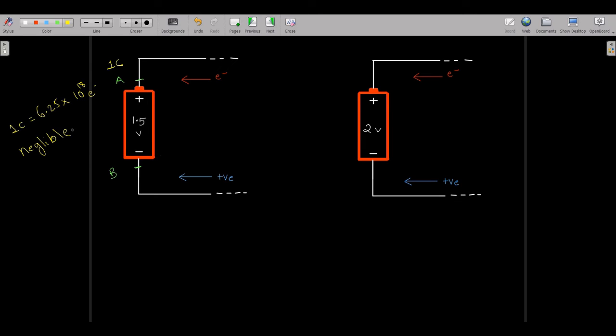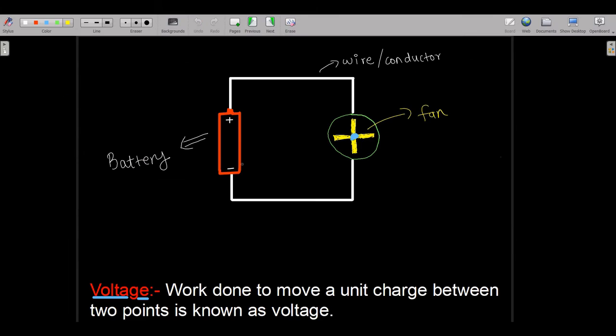Why? Because the electrons were moving from the negative terminal of the battery towards this fan. When they encountered the fan setup, the potential energy or whatever energy the electrons had got converted into rotational energy.